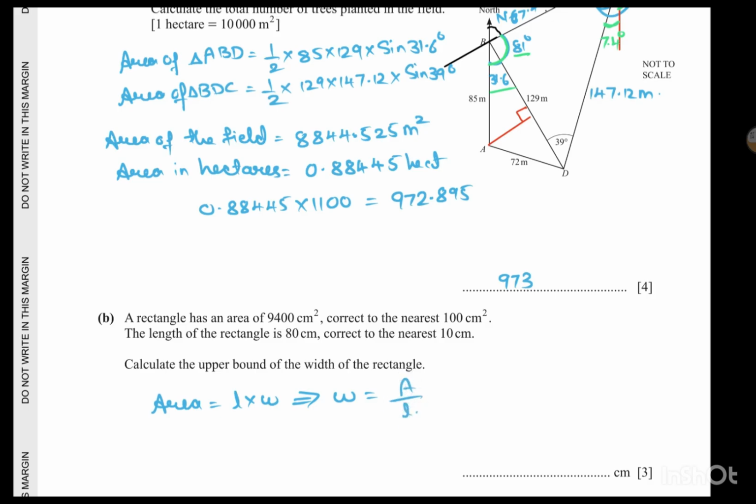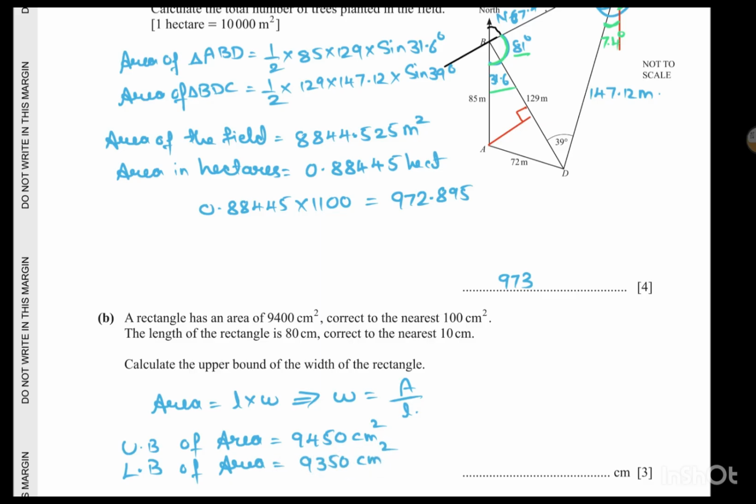Now the upper and lower bound of area. So the upper bound of area will be 9,400, which is correct to the nearest 100. So if you halve this 100, you get 50. So add 50 to 9,400. So it is 9,450 centimeter square. Subtract 50 from the given number, you get the lower bound, 9,350 centimeter square.